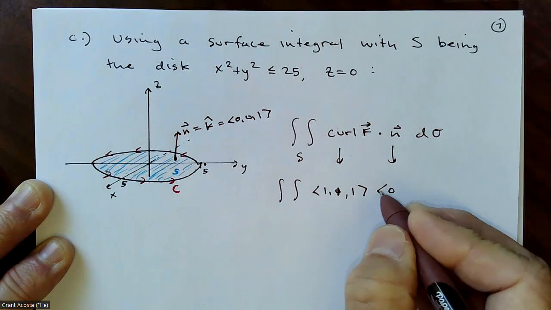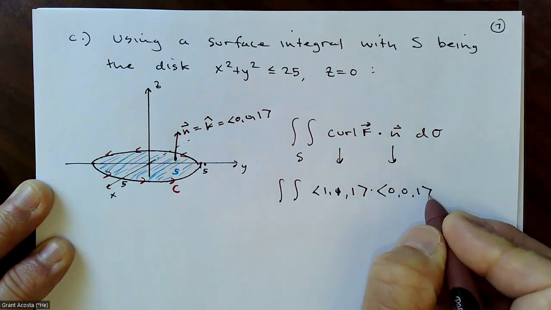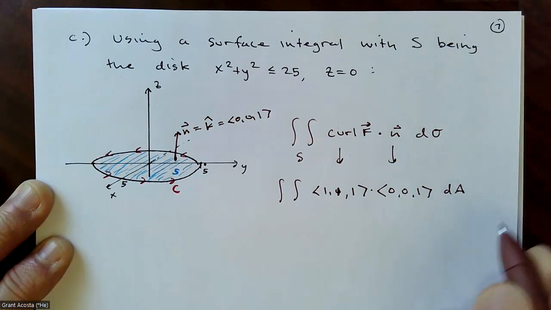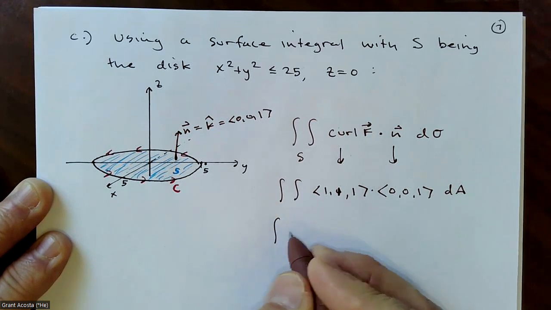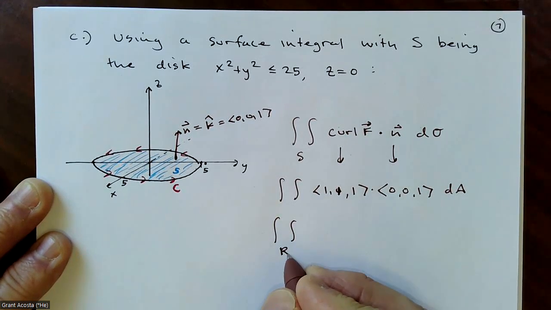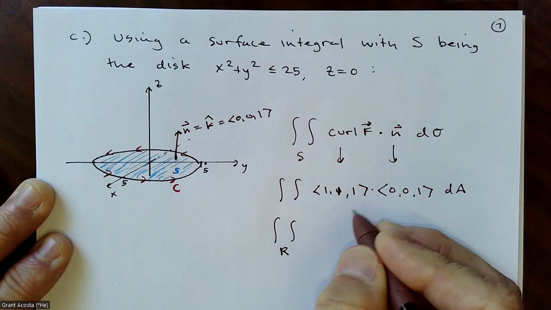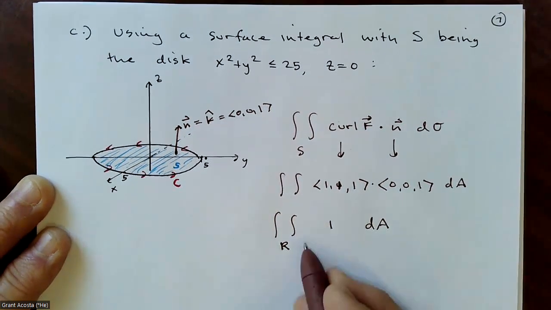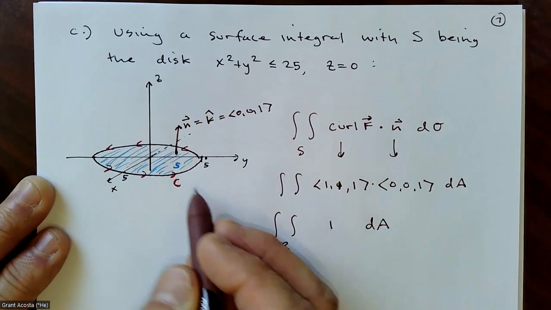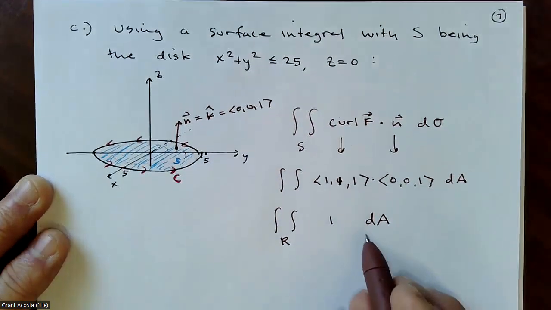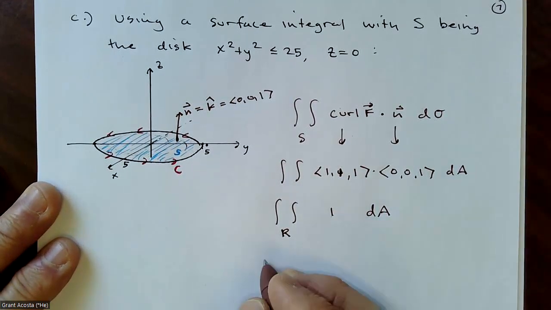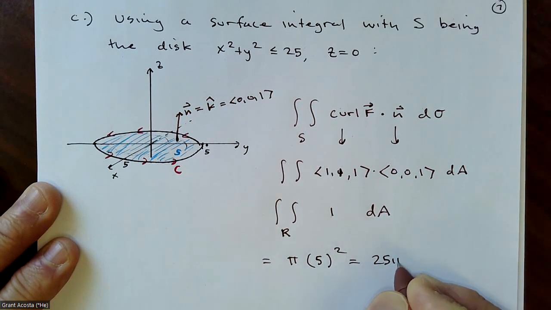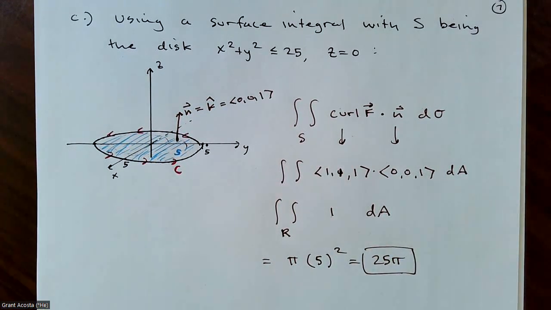So if I dot that with 0, 0, 1, d sigma, or dA, I guess, what does that give me? That gives me the double integral over my region, over the area. If I dot that product, it's just going to give me 1. And this double integral just corresponds to the area of this region. It's a circle of radius 5, so that should come out to be pi times r squared, 25 pi, which is the same answer we got.